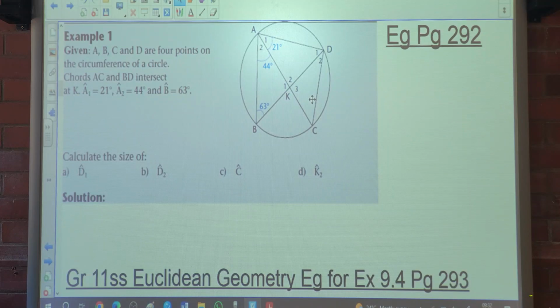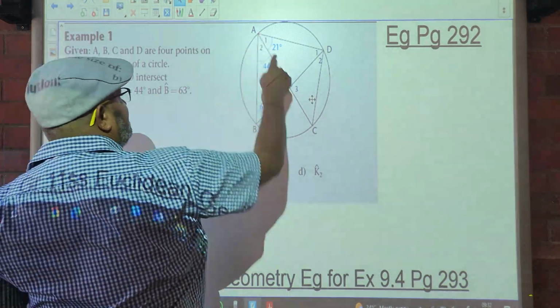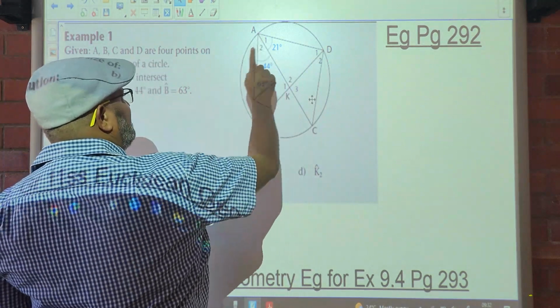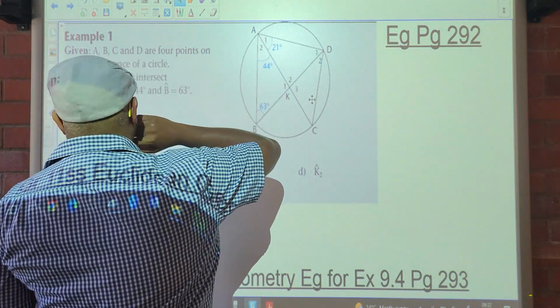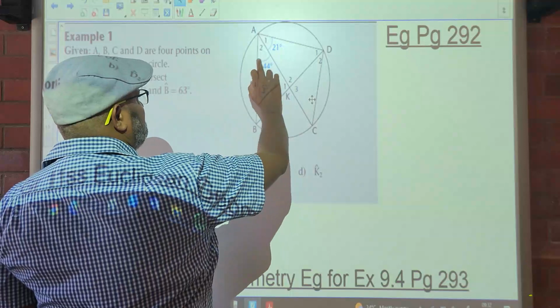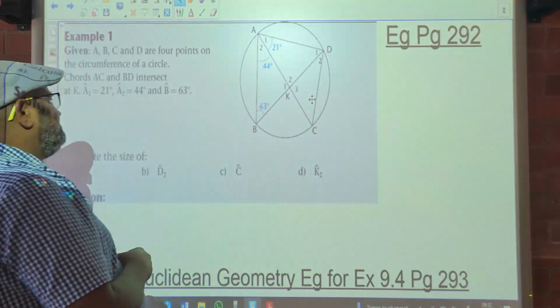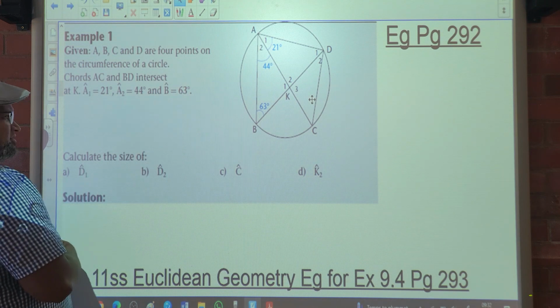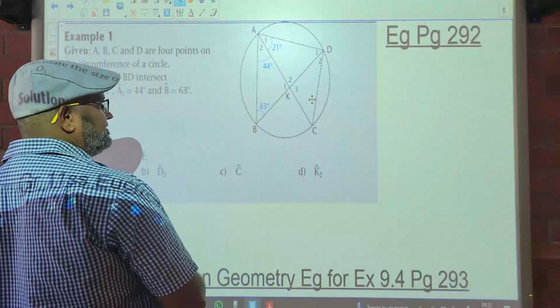Chords AC and BD intersect at K. Then we are told that angle A1 is 21 degrees and angle A2 is 44 degrees, and angle B is 63 degrees. The first question says, calculate the size of angle D1.